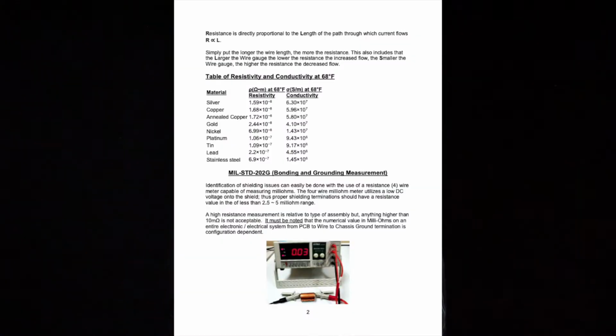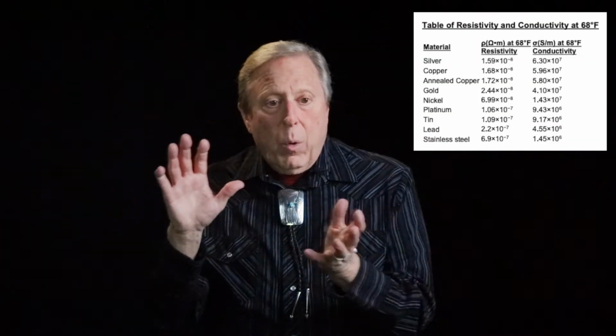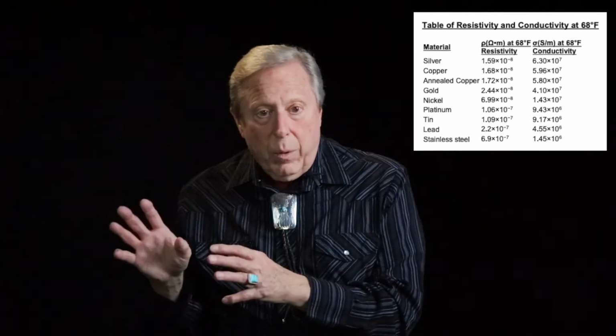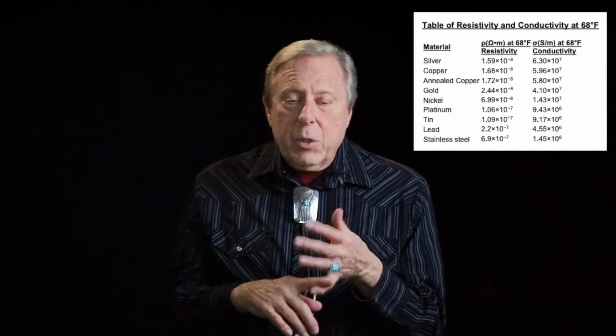Now, as you can see here, there's a table of resistivity and conductivity at 68 degrees Fahrenheit. I don't really want to get into all of these, but basically, for the material that works best for what has to be laid out on a printed circuit board, silver is your best path.